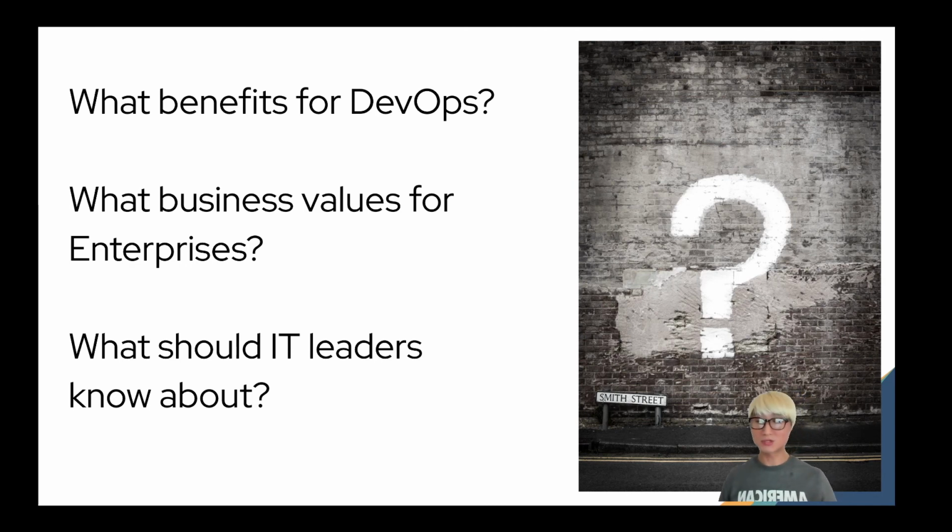So I'm going to talk a little bit about where this benefit comes from, because maybe the last question you are really wondering about, when you need to convince your IT leader or CIO level to adopt a new cloud native runtime like Quarkus for accelerating inner loop development, is: what should IT leaders know about inner loop development and how can they help their development team?